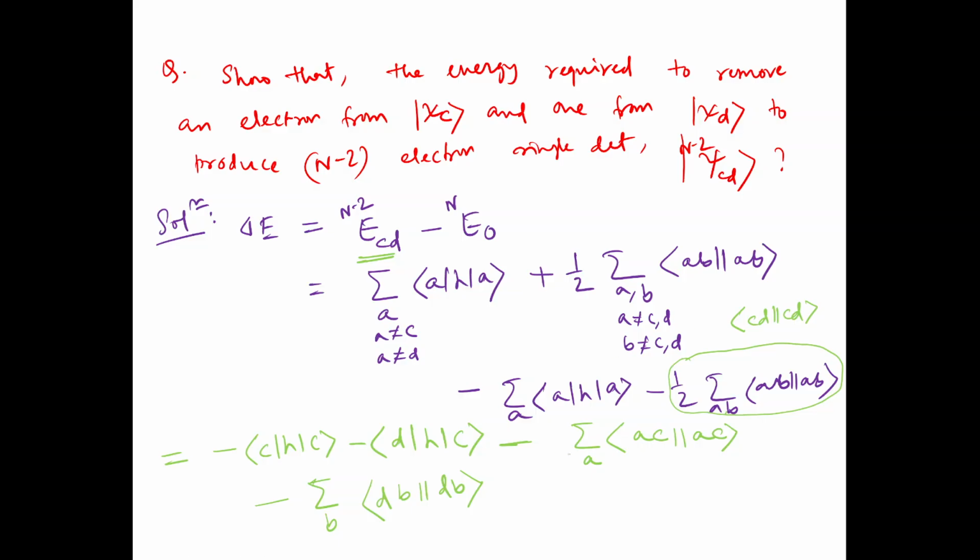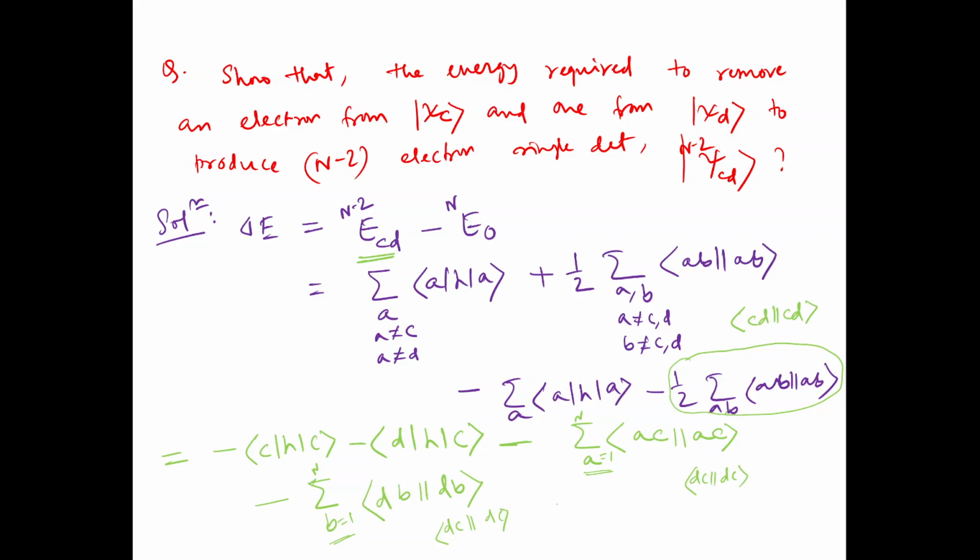Now if you look carefully here at this sum and this sum, when you do all that I have done previously, you can see very clearly that this A can go from 1 to N and this B can go from 1 to N. Now this A can be D, so you will get a DC term here, and here when your B is C, you will also get DC, DC, right?